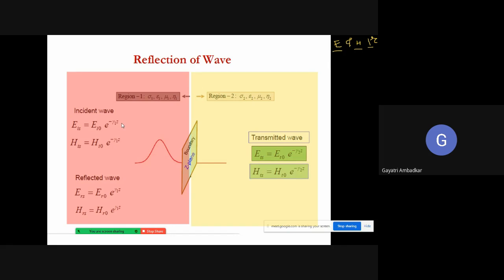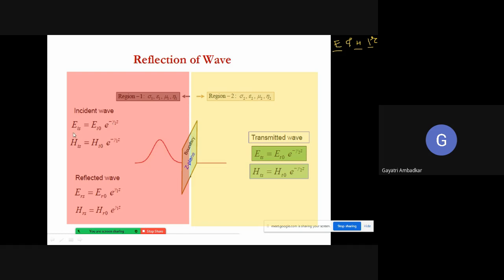Whenever a waveform is moving, its propagation constant indicates that there are some losses taking place when the waveform is propagating. What are those losses? What is gamma equal to? There is attenuation constant and phase constant. So attenuation alpha is happening and phase change is also happening. So in all, we treat it with the propagation constant gamma.